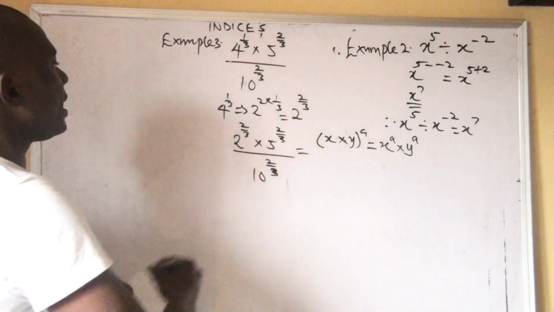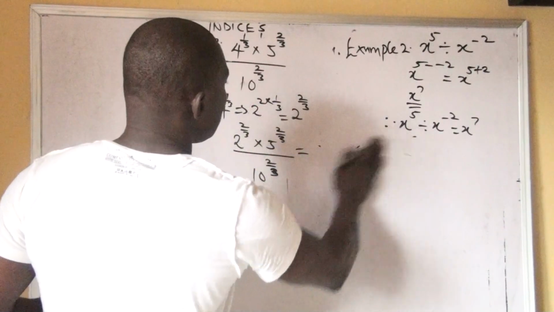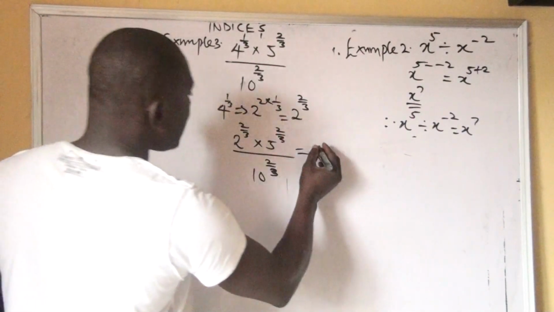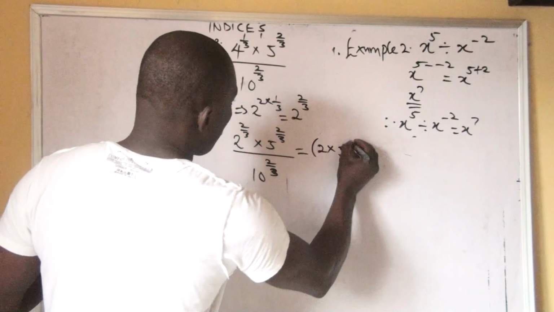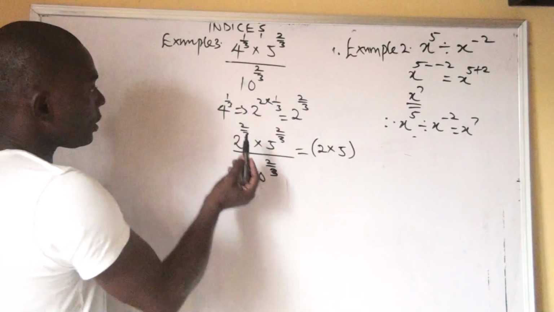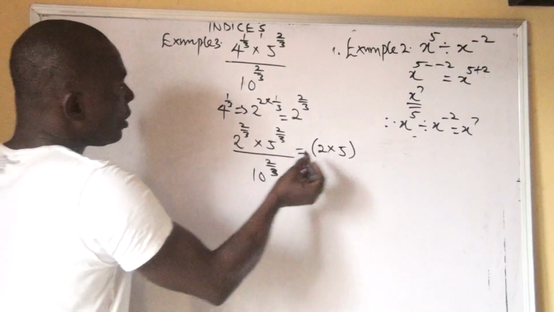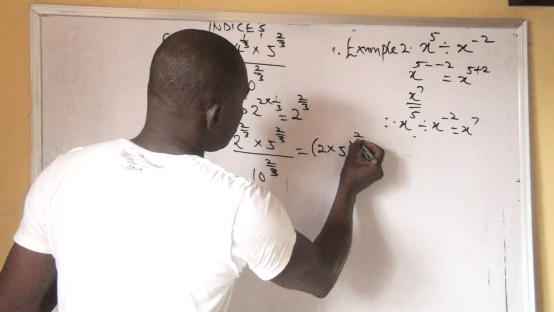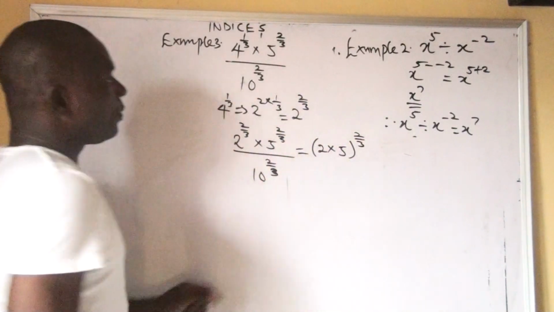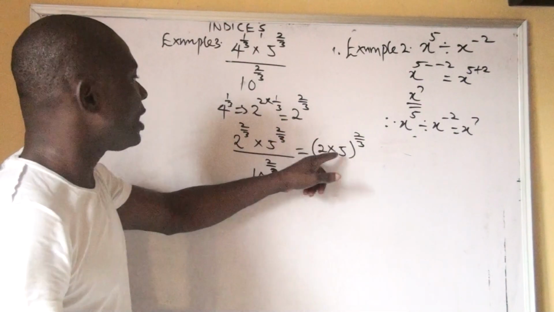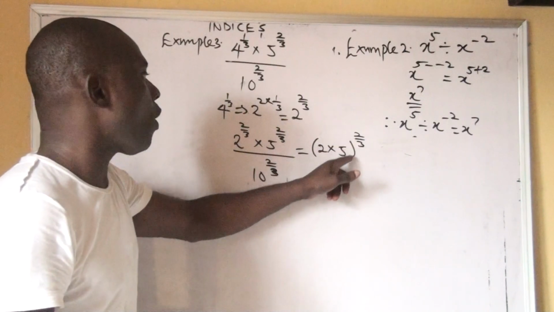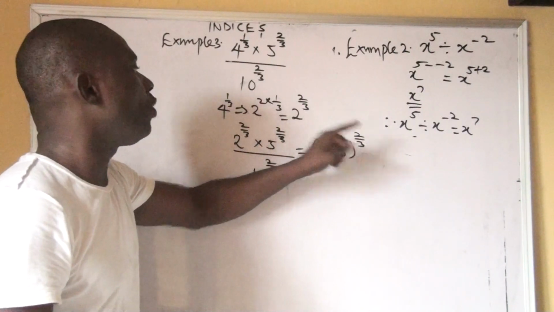So what we are saying here is this. We can say this one is 2 times 5, in brackets, because the powers are the same, we can bring the power outside. So 2 times 5, all raised to power 2 over 3.